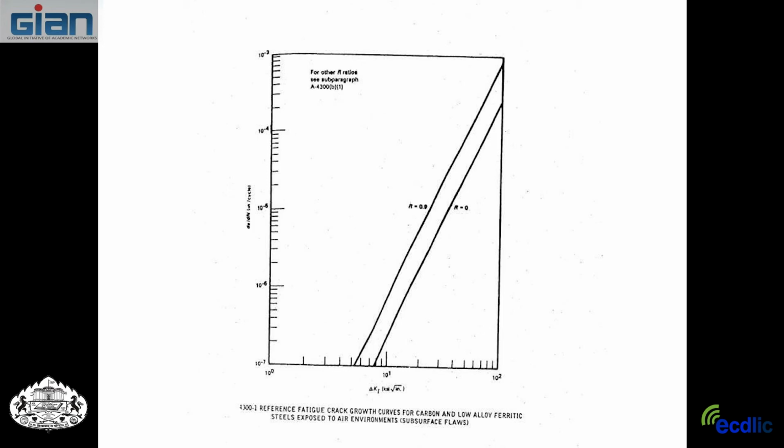But anyway, da/dN at 10 is about 10 to the minus 5 here. And back here, da/dN at delta K about 10 is below 10 to the minus 6. So that environment increased crack growth rate more than a factor of 10. So it is really bad. And they use these. I guess they work pretty good. I'm not real familiar with them, but I think they work pretty good.